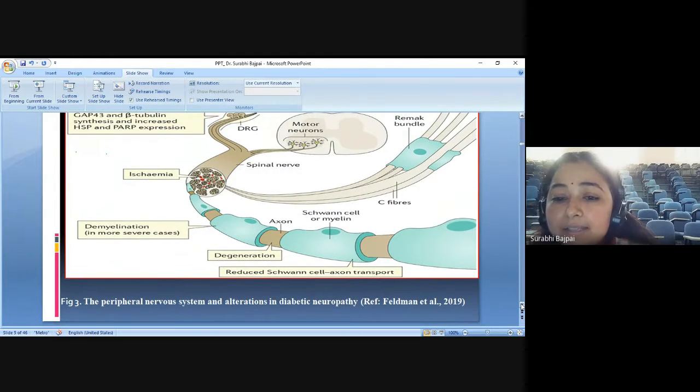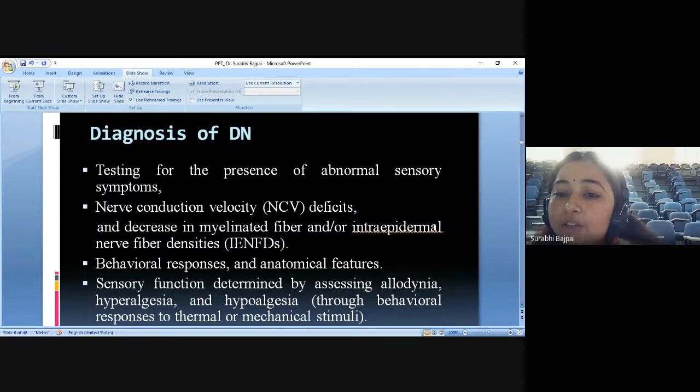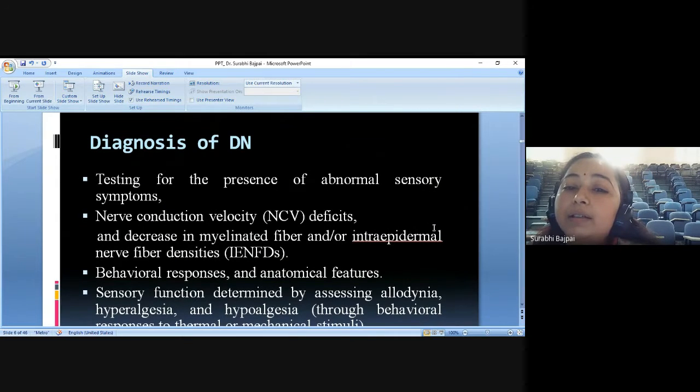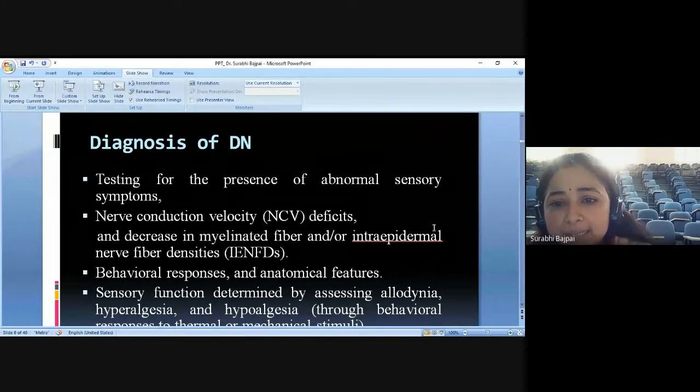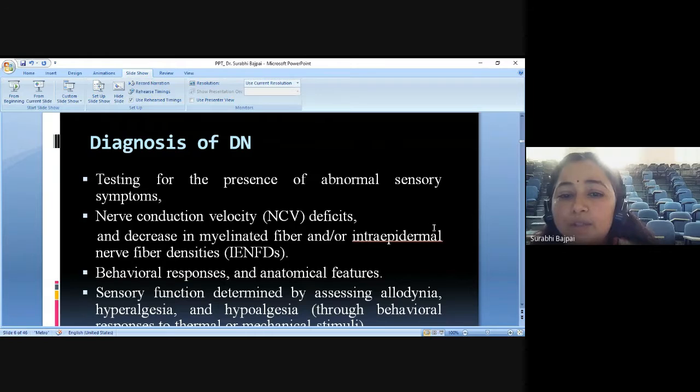And next, we can see what the other complications are and how diabetic neuropathy is diagnosed. We can test for diabetic neuropathy with the nerve conduction velocity test. If there is a deficit, of course, there is diabetic neuropathy.